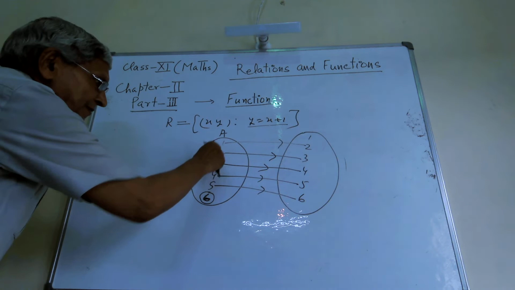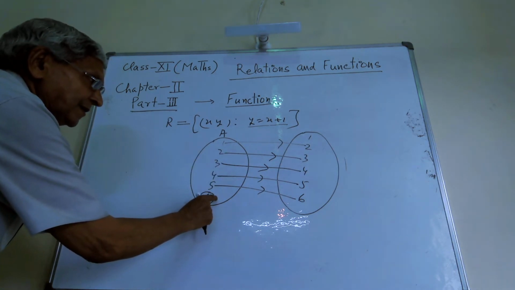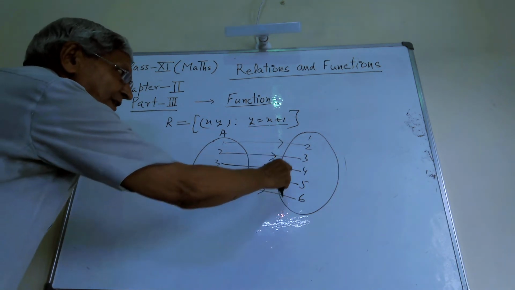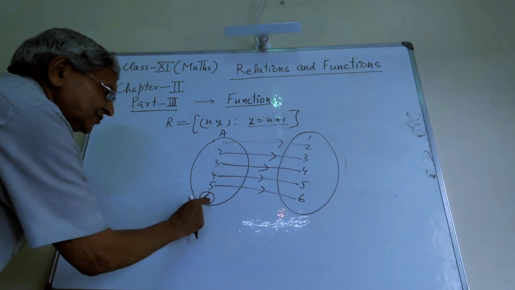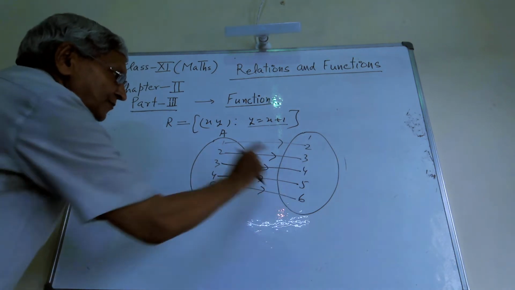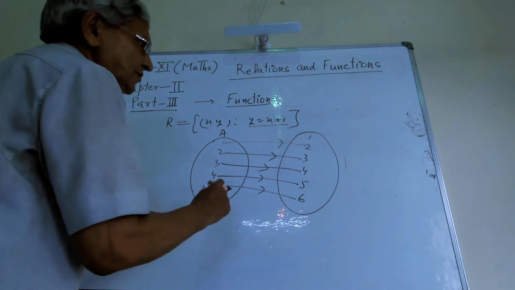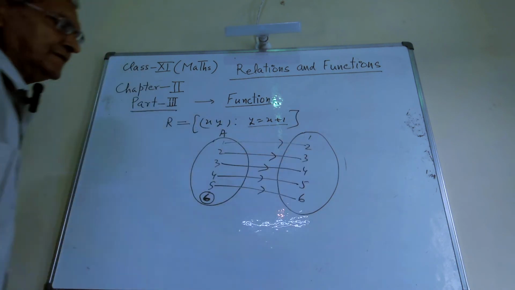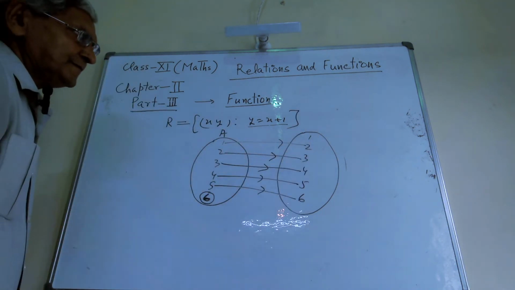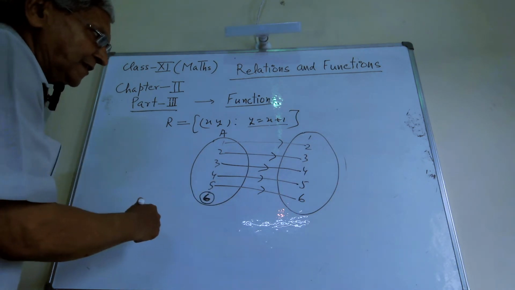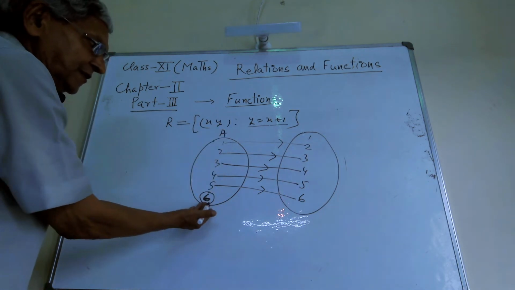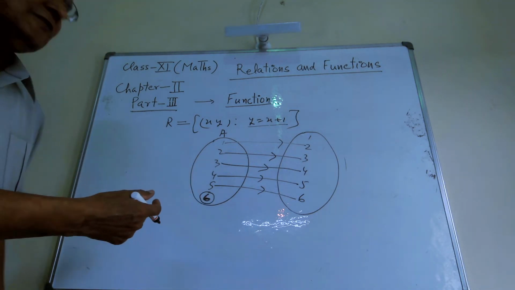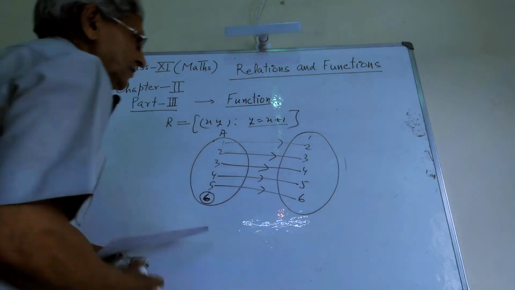You can't say every element of A has one and only one image in B. Element 6 has no image in B. So according to the definition of function, this is not a function, only a relation. The first condition fails here. One element is there which has no image.